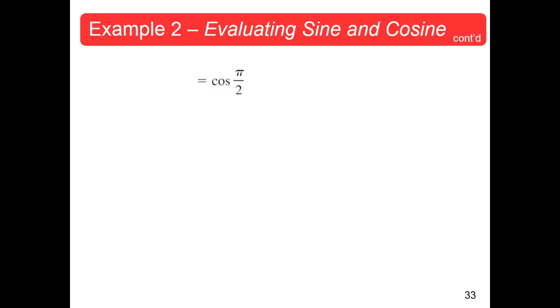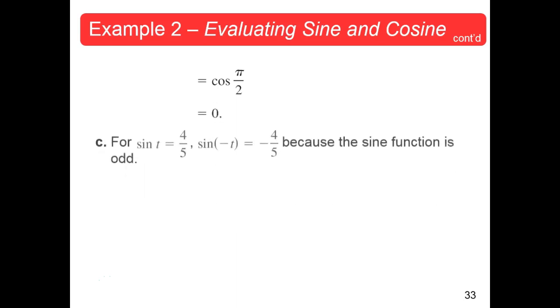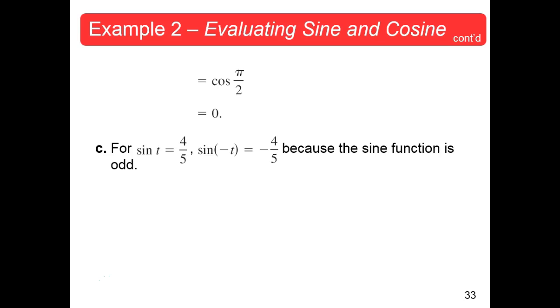And what is cosine of pi halves? 0. All right, and then this one. For sine of t equal 4/5 pi, sine of minus t is equal to minus 4/5 pi because the sine function is odd. That was the problem.